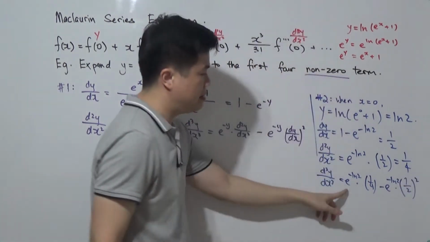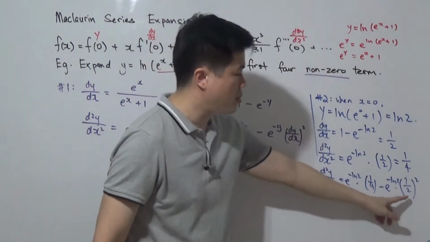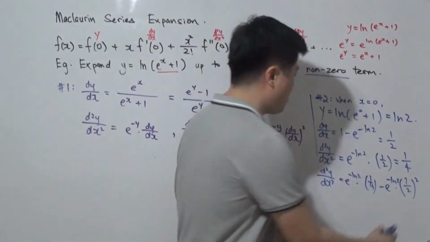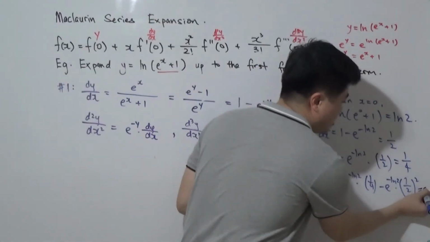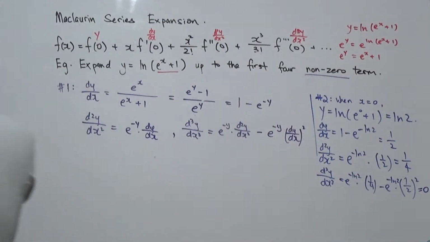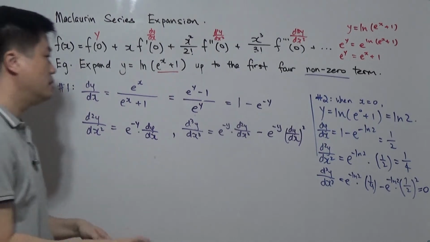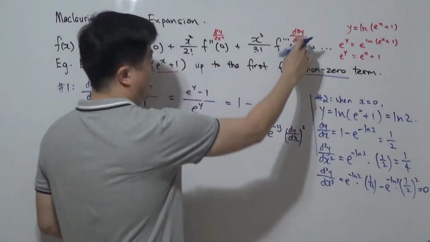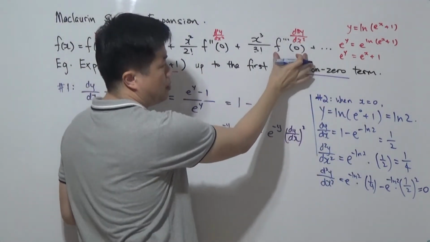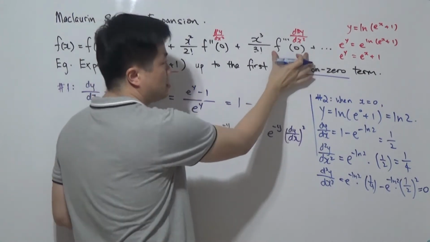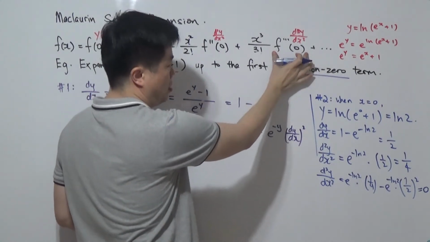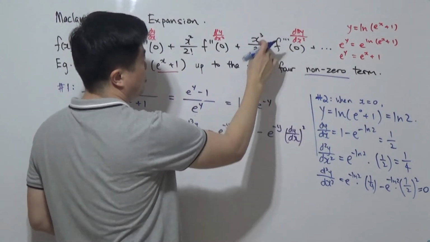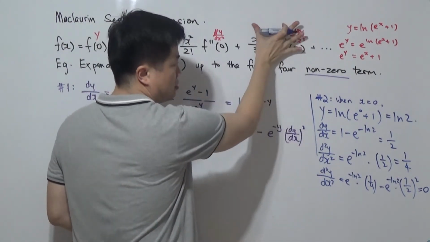I hope you can see that these two terms are the same because half squared is 1/4. So if you press a calculator, you're going to get 0 for this guy. We have just got our first zero term. Why? Because d3y/dx cubed is the value of f'''(0). If this term is 0, then 0 multiplied by x cubed over 3 factorial is going to kill this term.